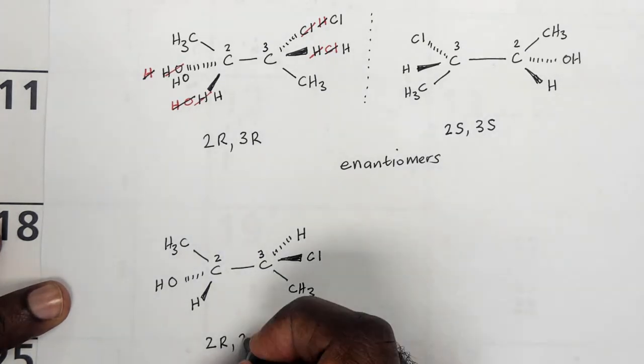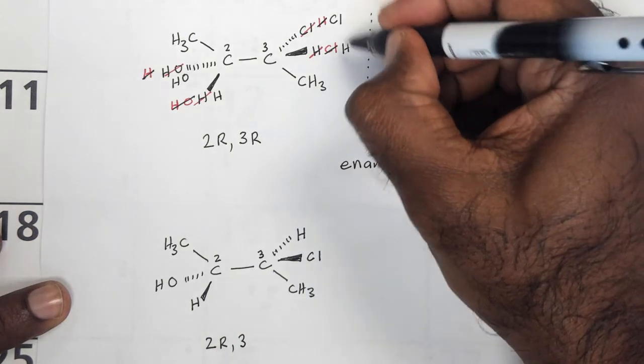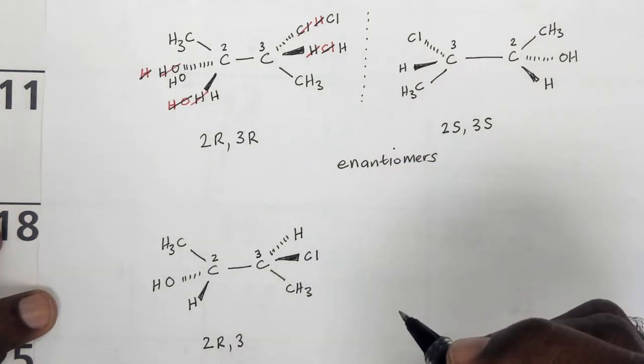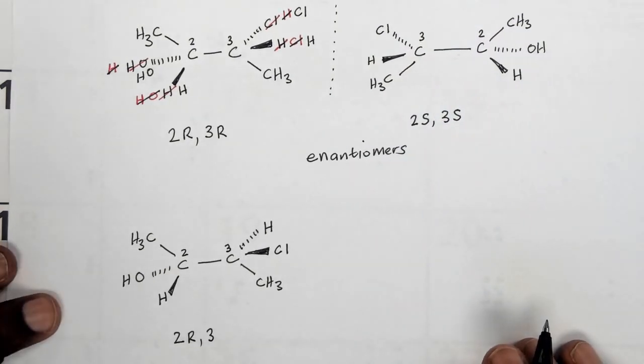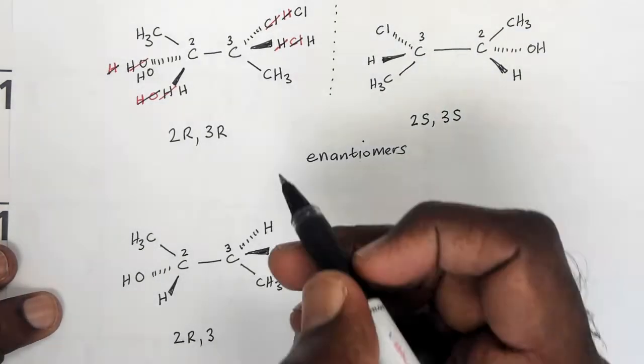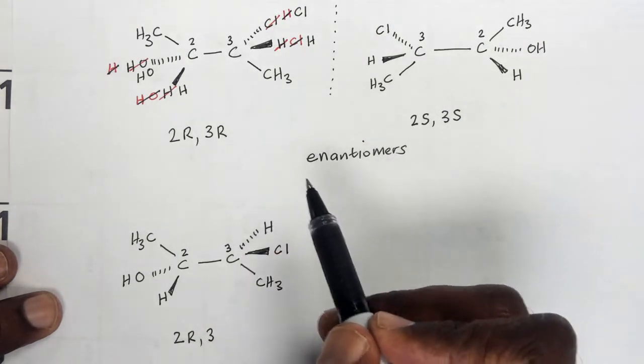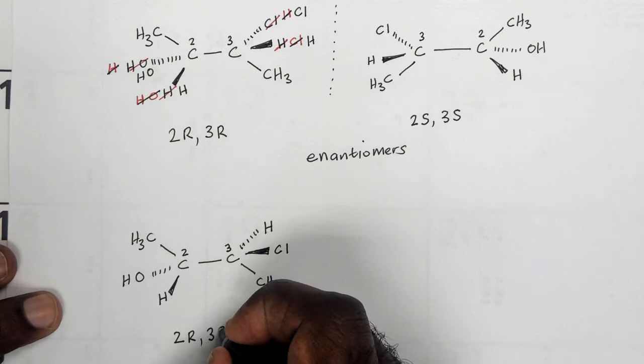However, at the 3 position, I swapped 2 groups around. I swapped chlorine and hydrogen around. And you recall that I said whenever you swap 2 groups around, then the stereochemistry changes and R becomes S or S becomes R. In this case, R now becomes S.